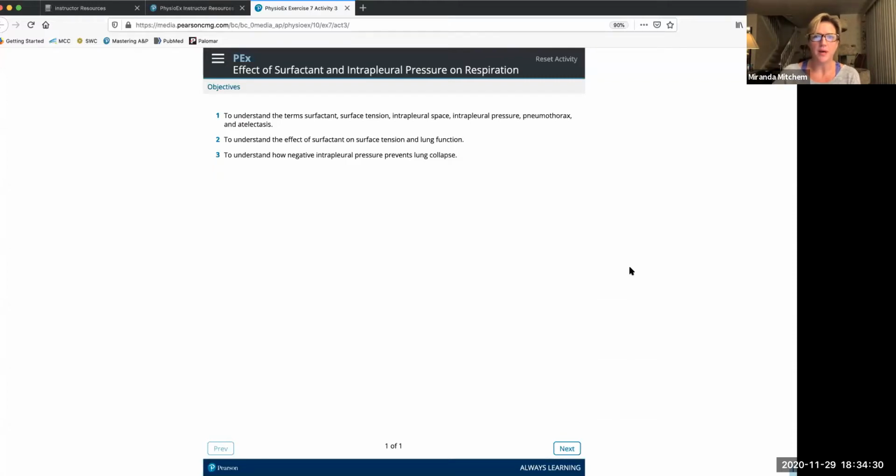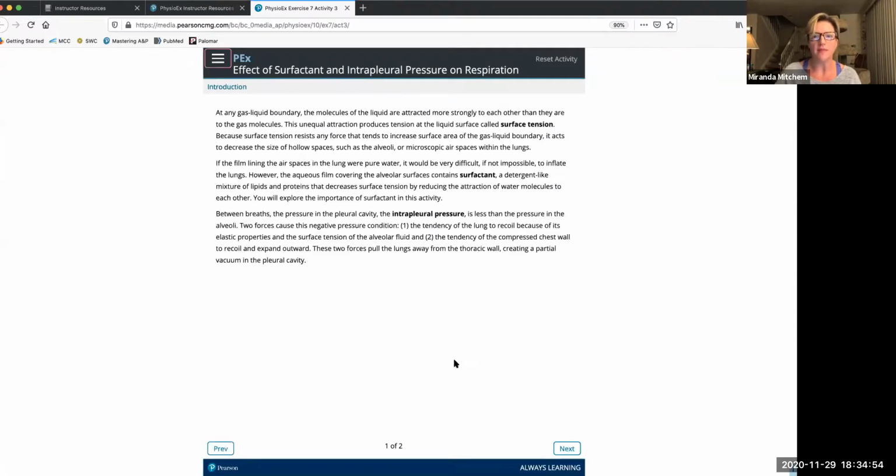All right, here we are with activity 3 of exercise 7. So we're looking at the effect of surfactant and interpleural pressure on respiration. So we've got two variables that are manipulated here, the quantity or presence of surfactant, and then what the interpleural pressure is.